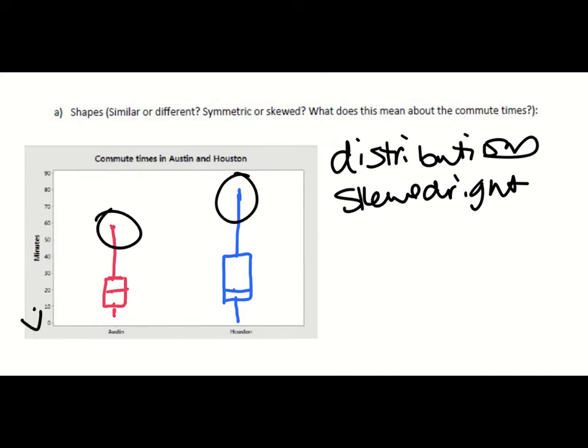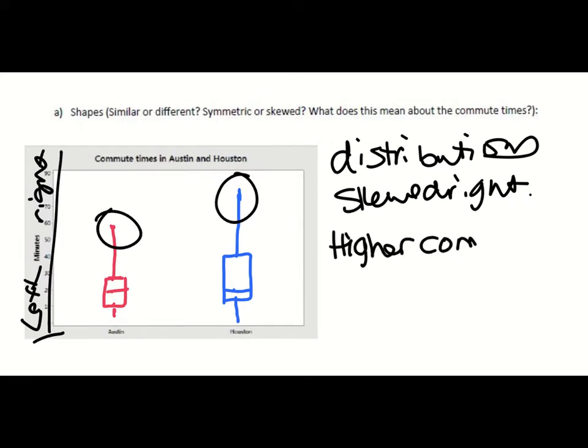So picture this is the left, this is the right, because your 0 is over here. They're basically both skewed right. And then basically there are higher commute times in each city.